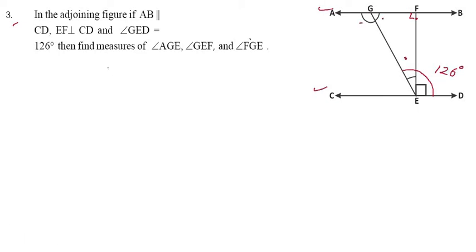Yes, you can see here this angle and this angle we want to find. Suppose this angle is X, this is Y, and suppose this is Z. So let us see how we can find this one. This angle AGE will be your Z. AB is parallel to CD and GE is a transversal line.